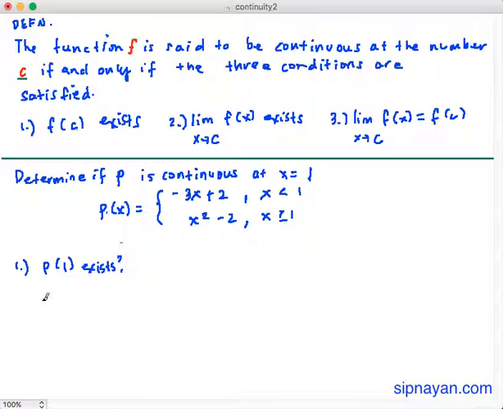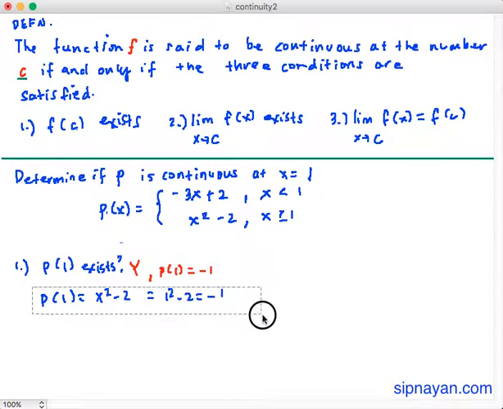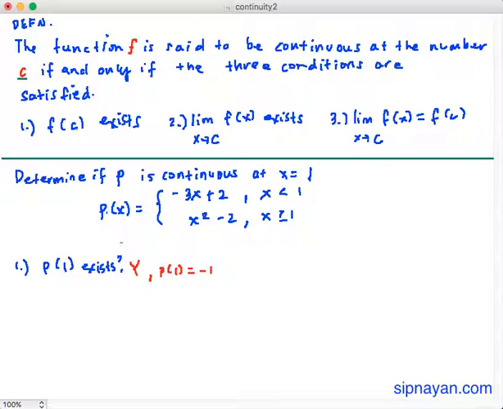So, meaning, dito na tayo, p of 1 is equal to x squared minus 2, which is equal to 1 squared minus 2, which is equal to negative 1. So, yes, p of 1 exists, and in fact, p of 1 equals negative 1. Okay na tayo? So, mukhang okay tayo sa first condition. Burahin na natin ito para meron tayong space.